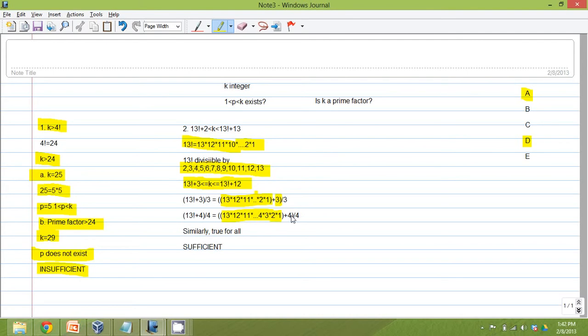And I know this is not divisible by 2 and 4. So let me just check whether this is divisible by 2 and 4. This is divisible by 2 and 4. So I know it has factors between 1 and itself.